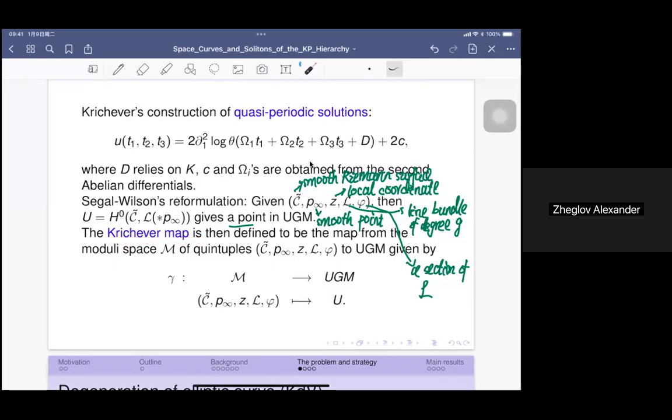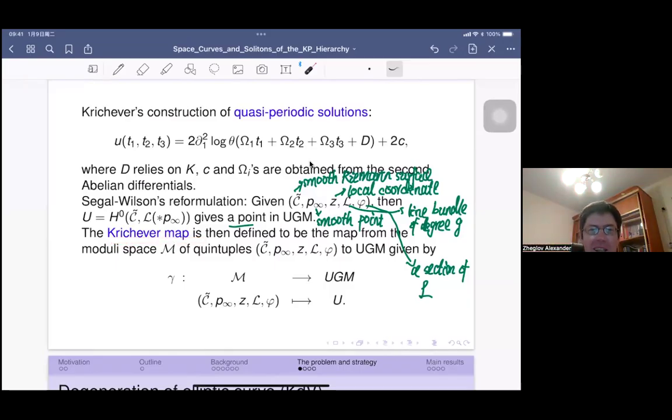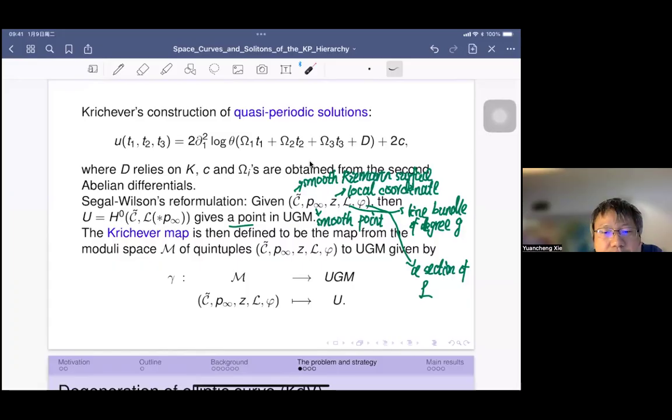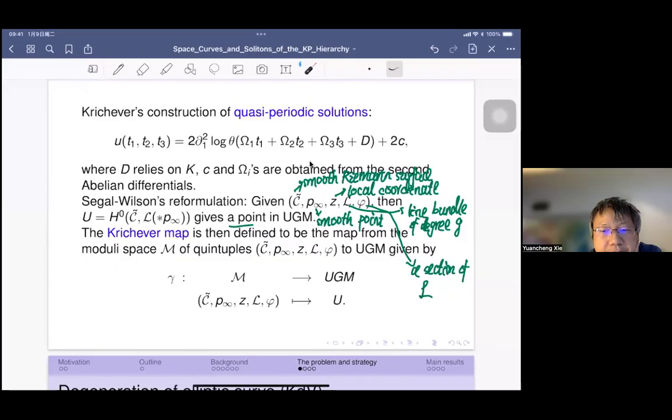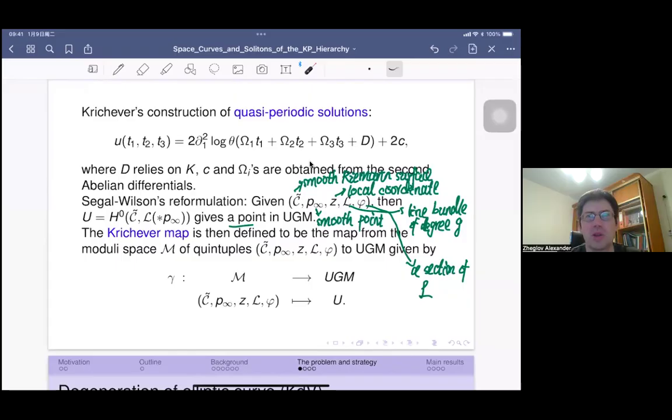Yuancheng, sorry. Here's Sasha. Can I interrupt you for a moment? Yeah. I just want to make a remark that Segal and Wilson used another version of the universal Sato Grassmannian based on L2 spaces on the circle. And you used another version, the purely algebraic version offered by Sato.